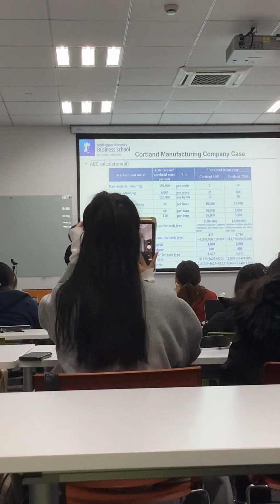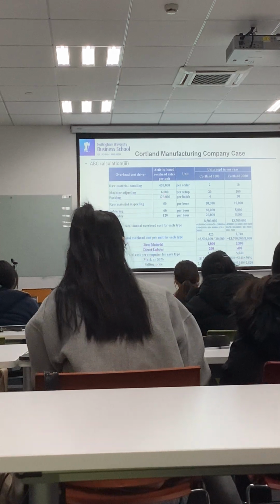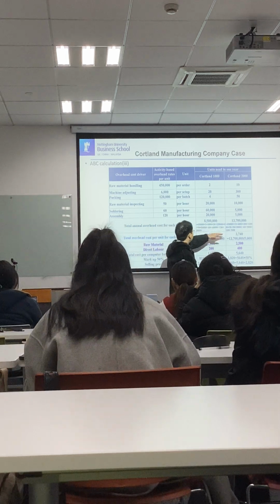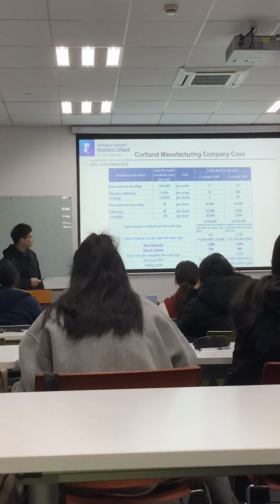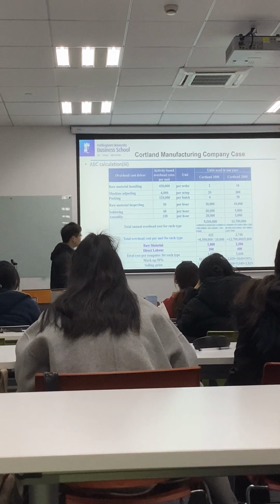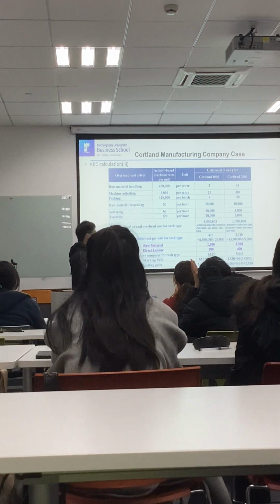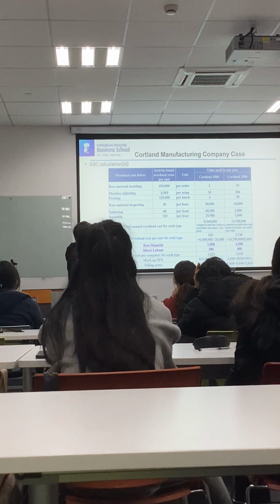So we use this times this plus this times this plus this times this. Okay, like the population here. And then we derive the total overhead cost that Cotton 1000 used is this one. Okay, this is the total overhead cost used.